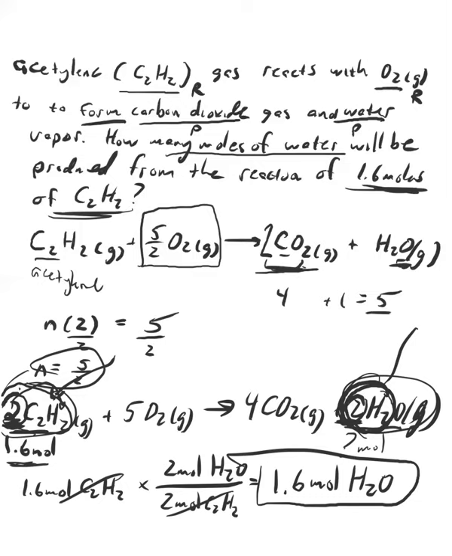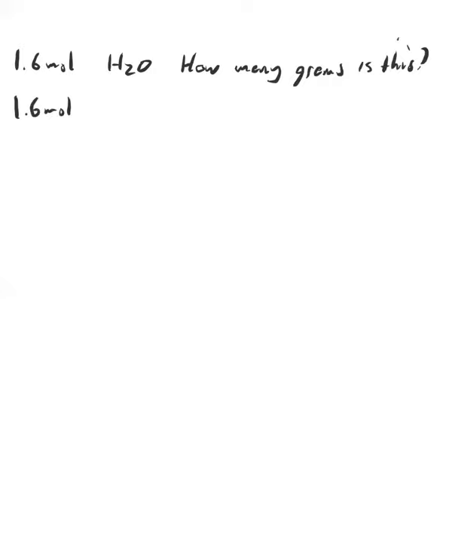Now, Alex doesn't ask you to do this in this problem, but if it did, what you would do is the following. You'd say, if I had 1.6 moles of H2O, how many grams is this? How much does water weigh?